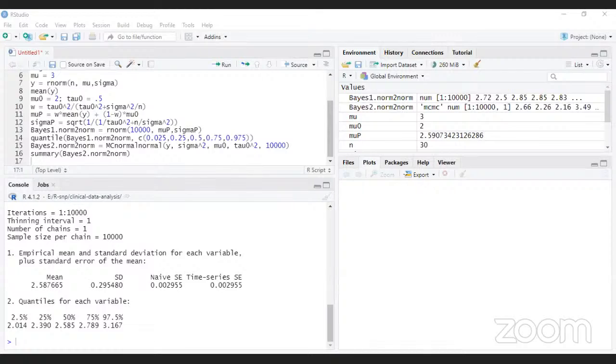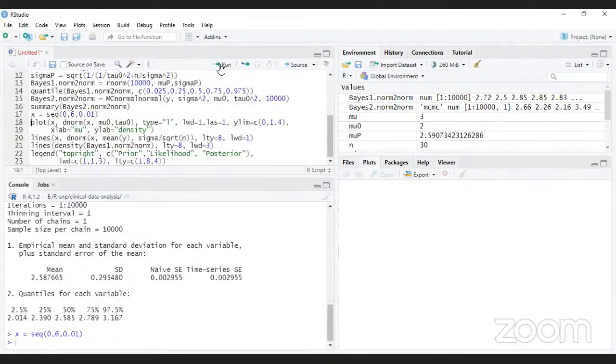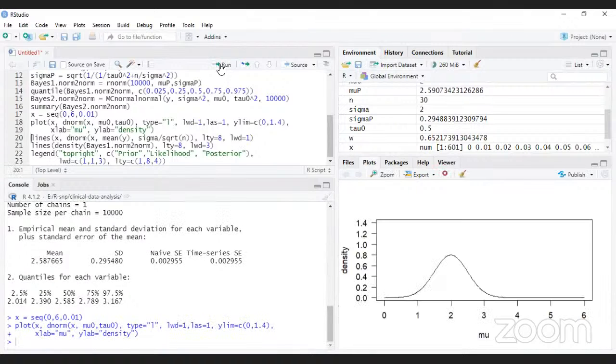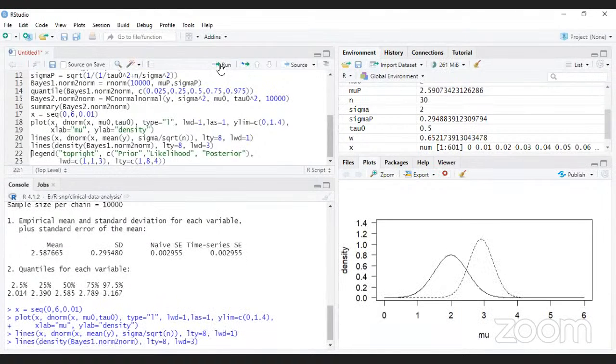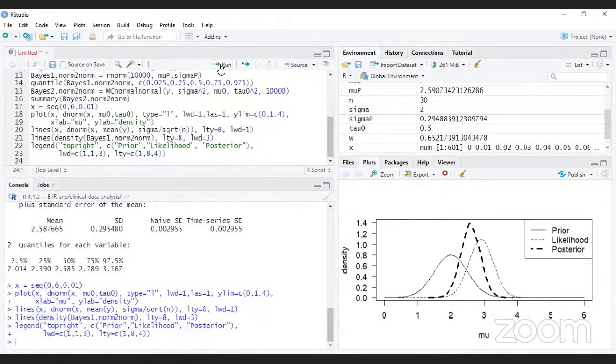So you can plot the functions. You're giving the plot function like x, and you are giving the values here, drawing the lines, and then at the top you are giving the legend, that is which is prior, likelihood, and posterior.